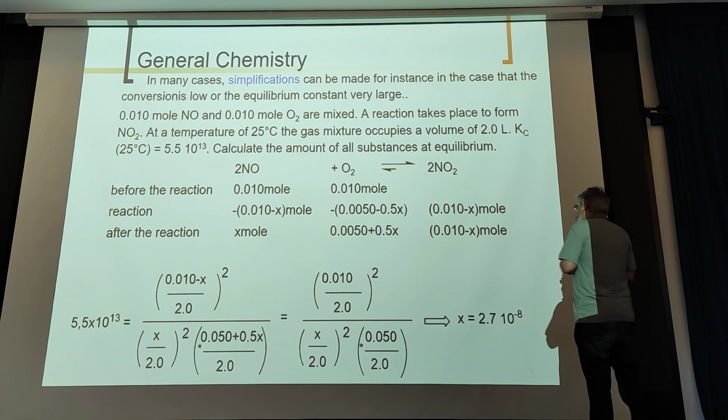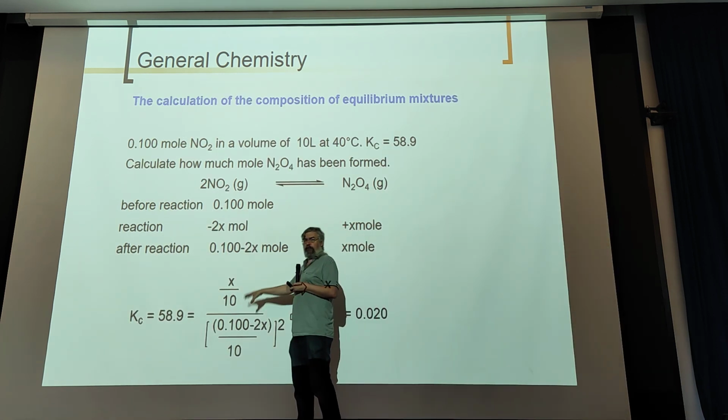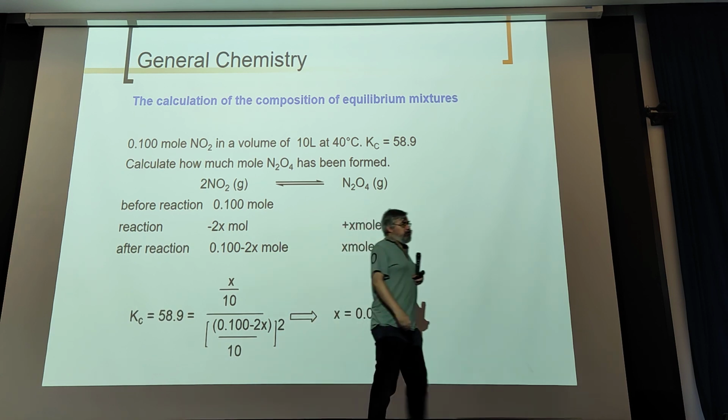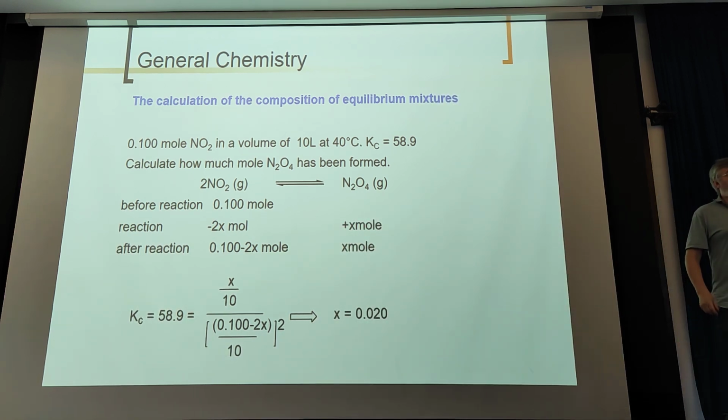So, of course, solving this kind of equation may not be so simple. So in some cases you get quadratic and other equations. Luckily, very often we can make simplifications.